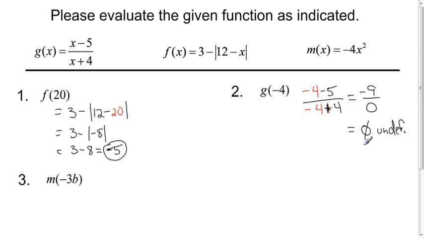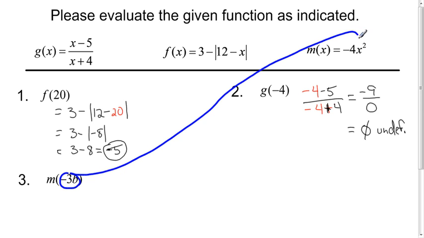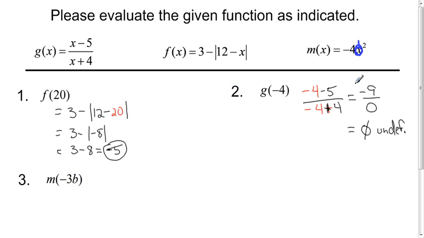Okay, number 3 now, a little mildly different example. It says to do m at -3b, which means to take -3b and plug it in for x in -4x squared. So, just quite simply, we're going to write -4 times -3b to the second power. Now, just being careful here with our order of operations, you're not going to do -4 times -3 first.